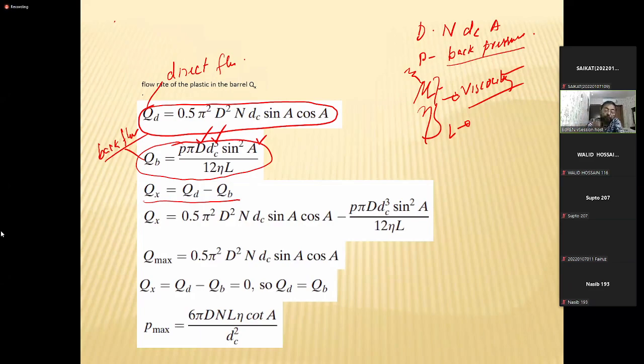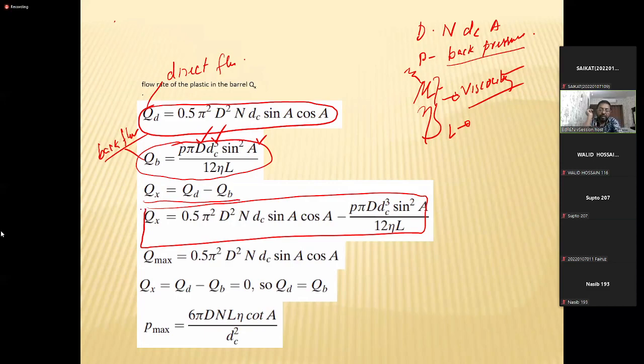So I am now putting the value of Qd and Qb. We are getting the formula for the general flow. Now, one thing we can see: maximum flow will be when there is no restriction, that means there is no back pressure.